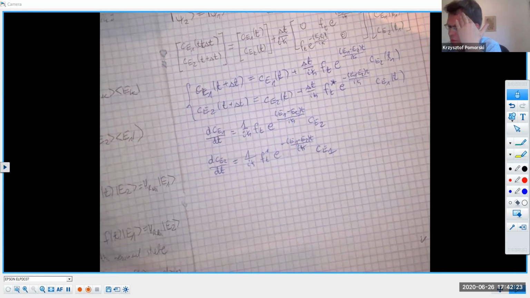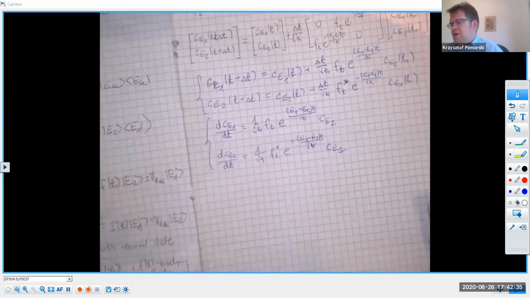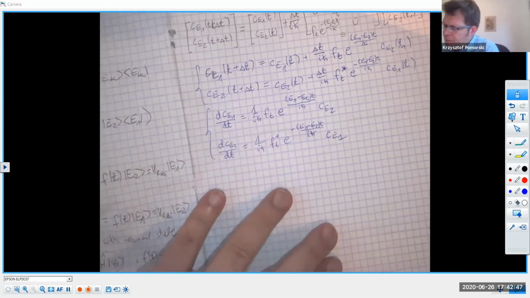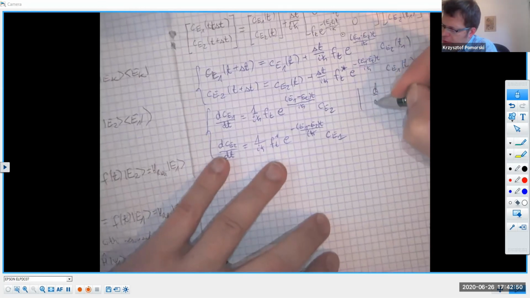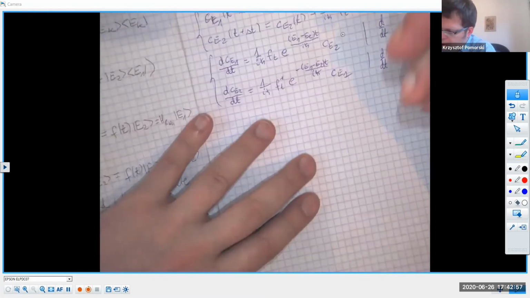Yeah, so you can ask yourself, you can compute the second derivative of both guys, and it will give you nice oscillations. So I will apply the d over dt operator here, and here the d over dt. Okay, so let me see this in greater detail.